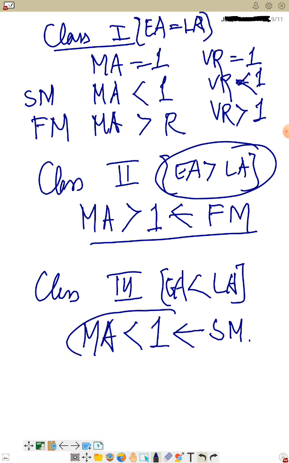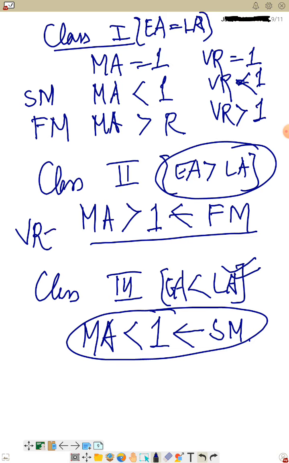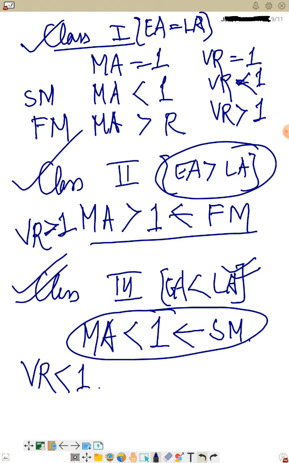Similarly, in class 2 lever, velocity ratio is always greater than 1, and in class 3 lever, velocity ratio is always smaller than 1. So you know the reasons also. What you are supposed to know from here is examples also: examples of class 1 lever, class 2 lever, and class 3 levers.